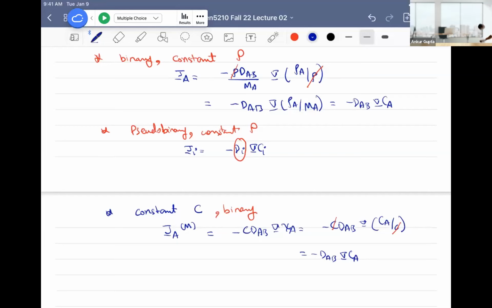Yeah, I mean, if I understand your question, one relationship to remember is that when you choose the mass average velocity, the sum of the fluxes is zero. If you choose the molar average velocity, you calculate it the other way.